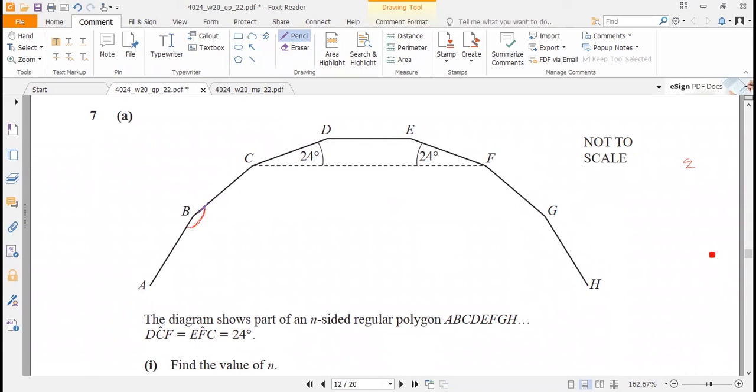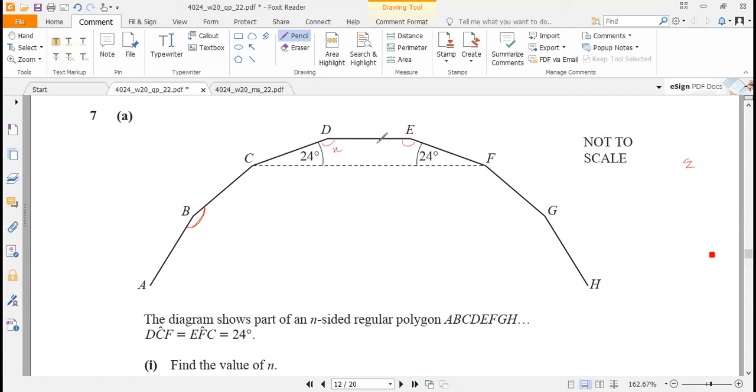So firstly, let us consider the quadrilateral that is CDEF. The sum of angles of a quadrilateral will always be equal to 360. Obviously, these two angles are the same.